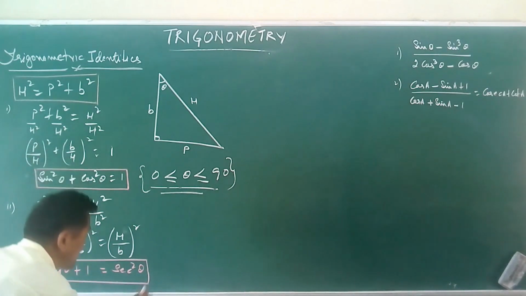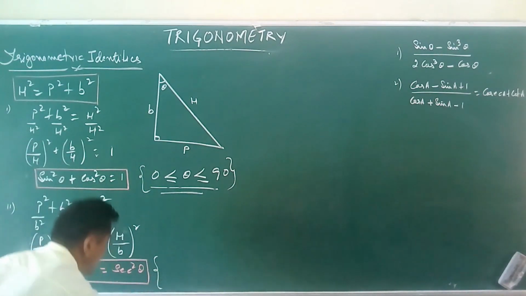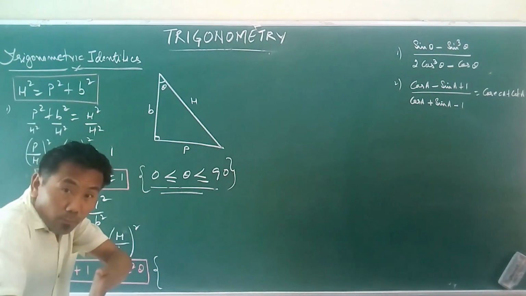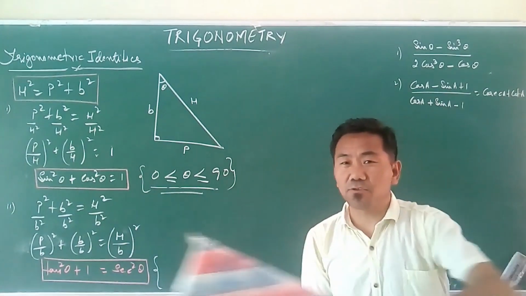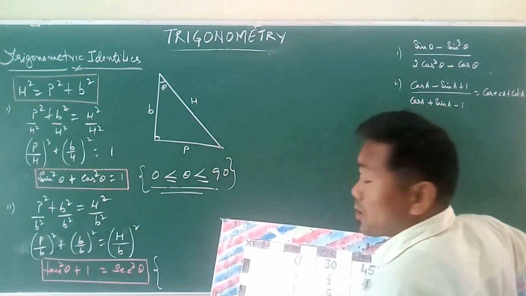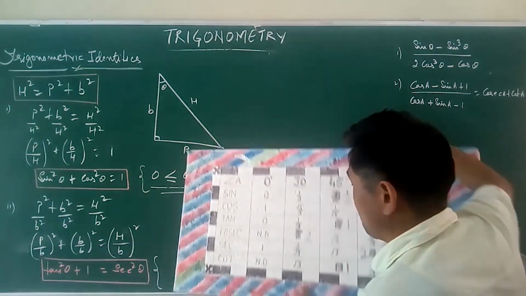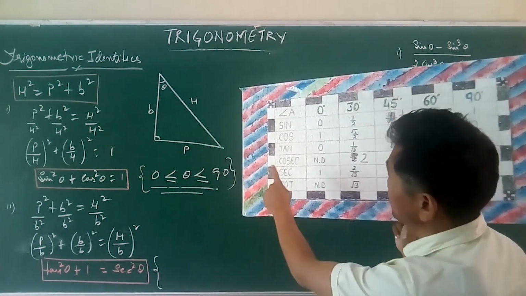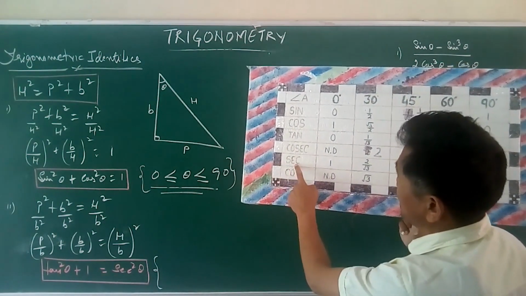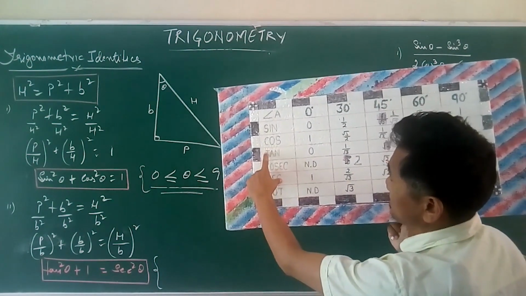Now for this identity we have another condition. That condition again we will check in the trigonometric table: what kind of theta it should be. Now let's see here, tangent and sec, sec theta and tangent theta.